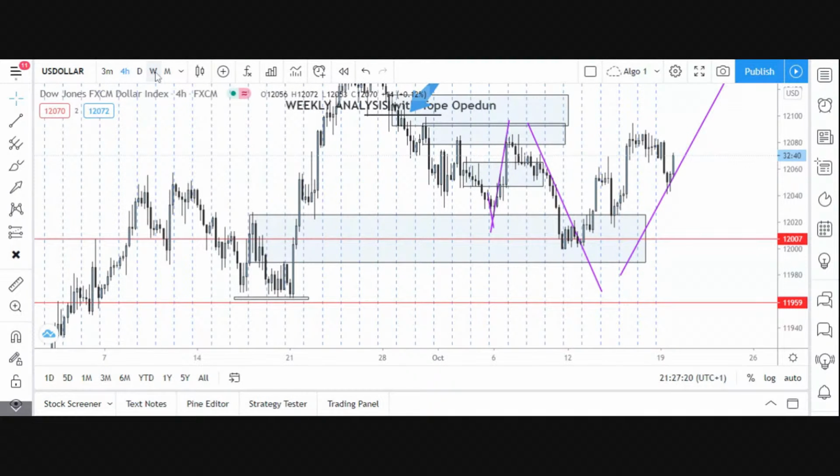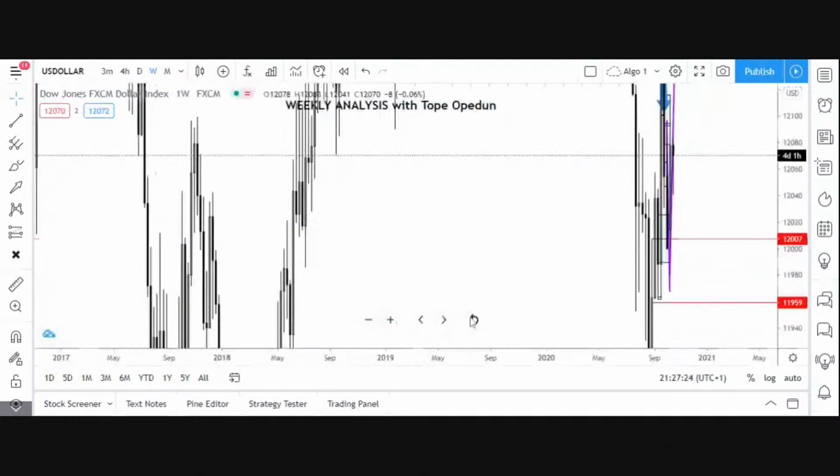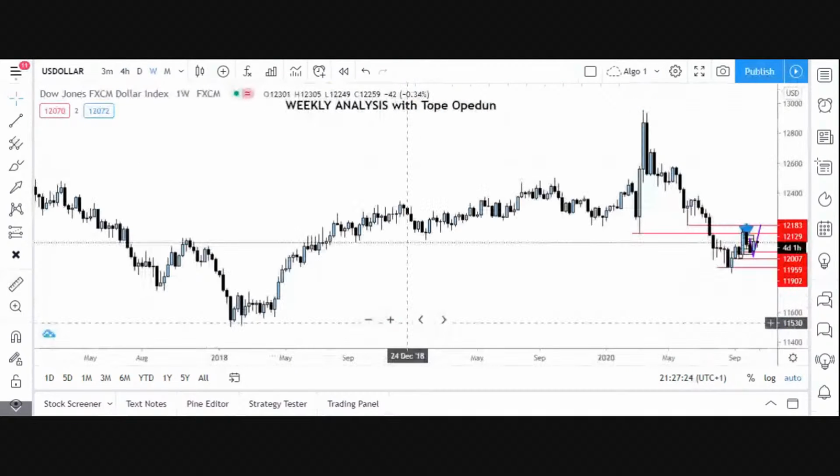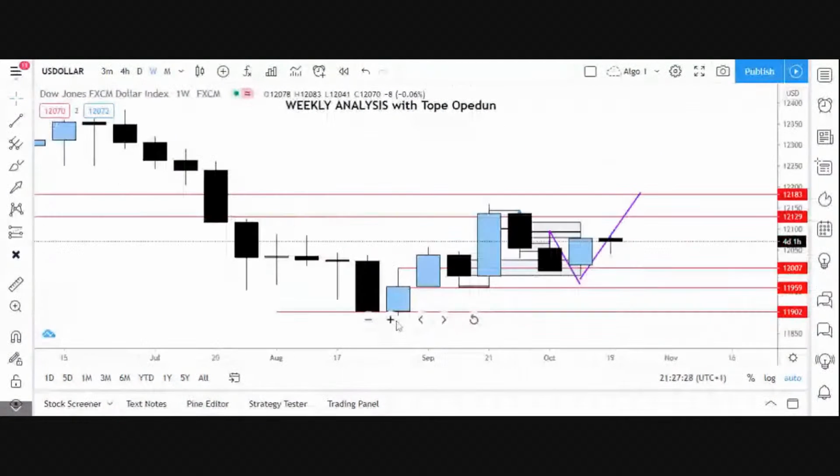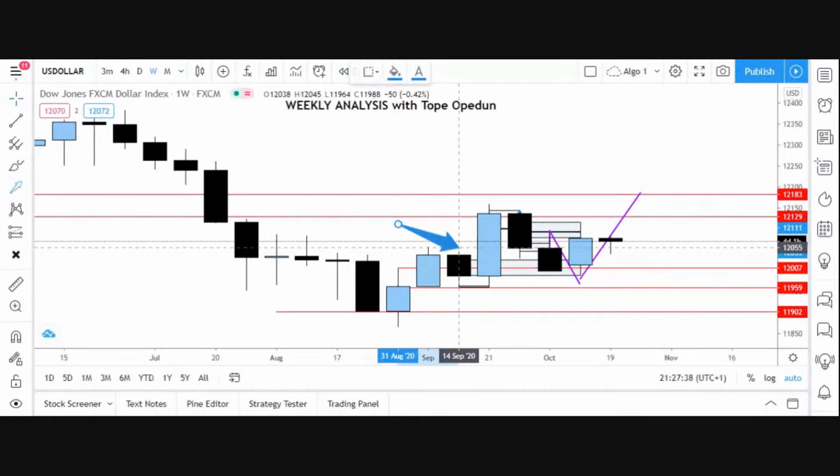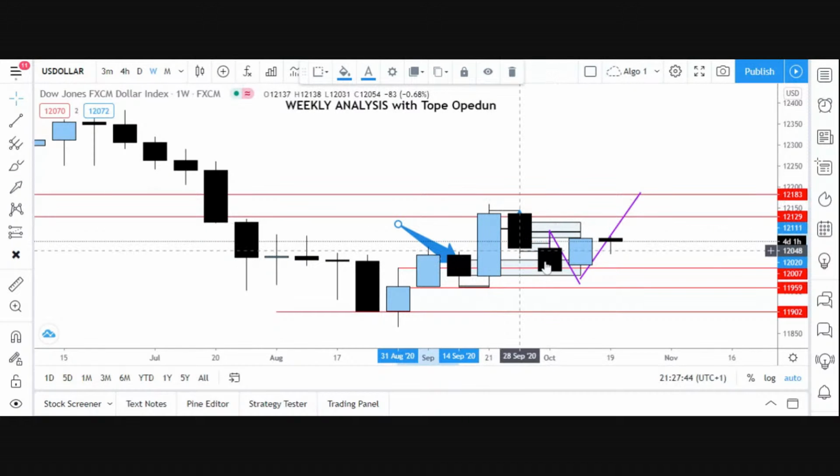There's a weekly order block there, because of this candle here, this one. That was a weekly order block that we were dropping into. So I was expecting some sort of reaction at this level, and for price to then go up.